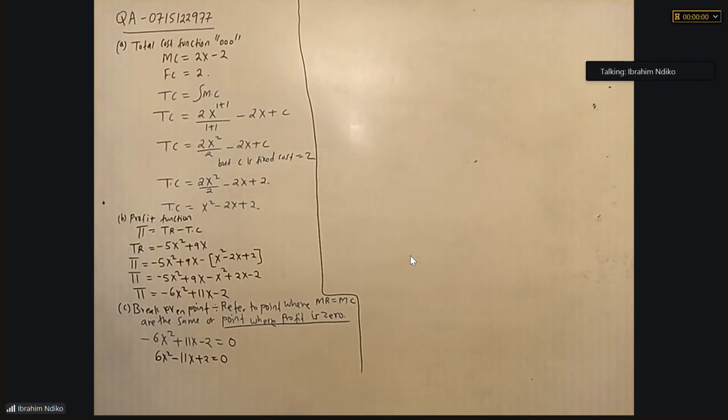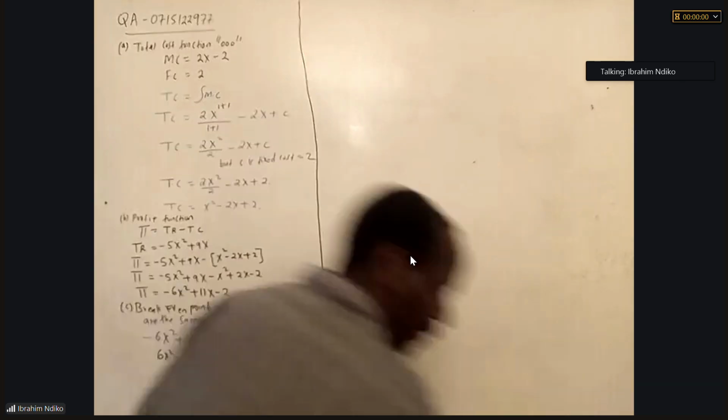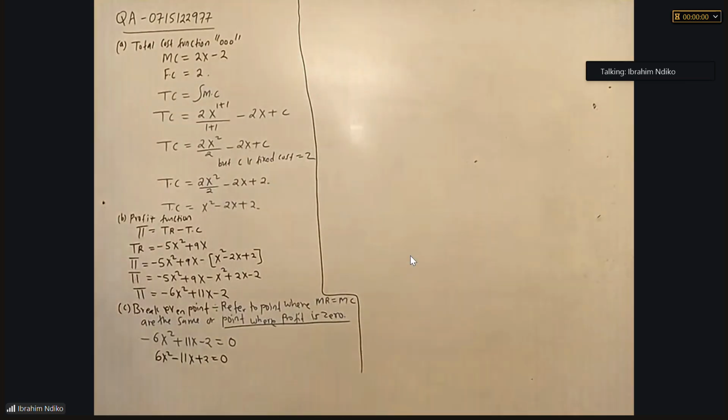Find the value of x. Now, for you to get the value of x, we are going to use the quadratic formula. I hope you remember the quadratic formula. We did it in our first class.